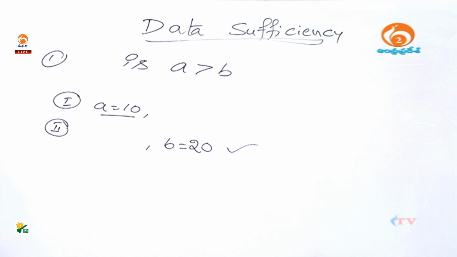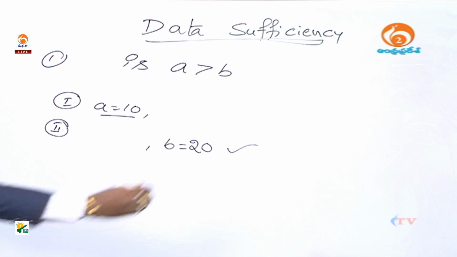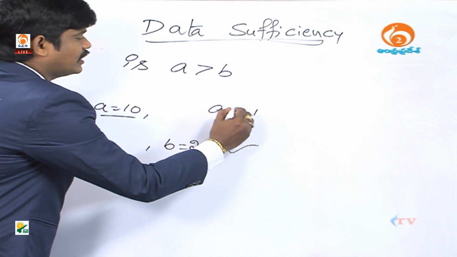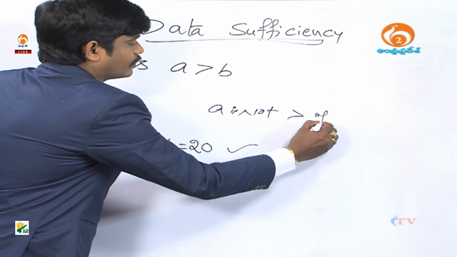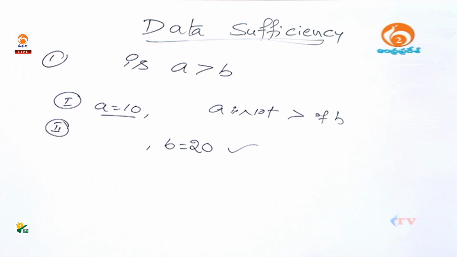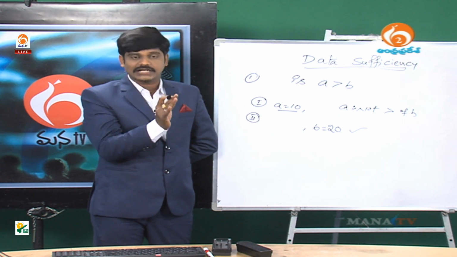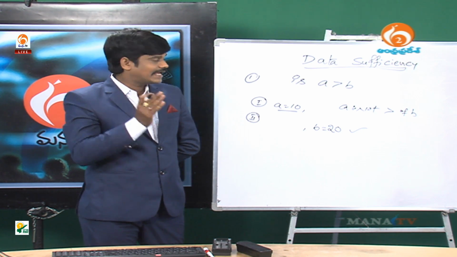From 1 and 2 you can conclude A is not greater than B. That is also the answer. Definitely it's not needed to give the answer that A is greater than B. They are asking whether A is greater than B or not, that's enough. If it is greater, it is okay; not greater is also okay.